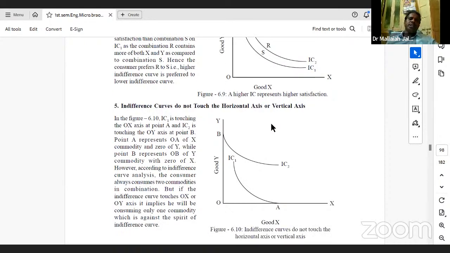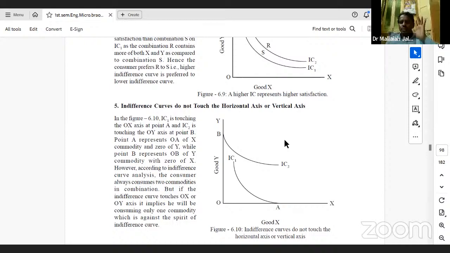Then another property: indifference curves do not touch the X or Y axis. These two indifference curves do not touch the horizontal X-axis or the vertical Y-axis. So it is not touching the Y axis, not touching the X axis.